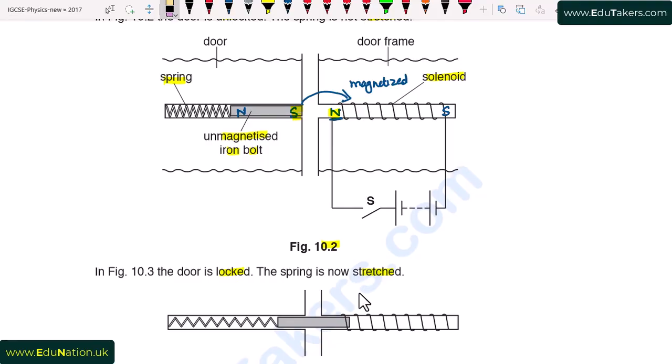There will be no current passing through the solenoid, due to which it gets demagnetized and it does not have any pole because it is demagnetized. Due to the demagnetization of the solenoid, there is no longer attraction between the solenoid and the iron bolt. Finally, the spring contracts and pulls the bolt back in this direction and takes it back to the original position.